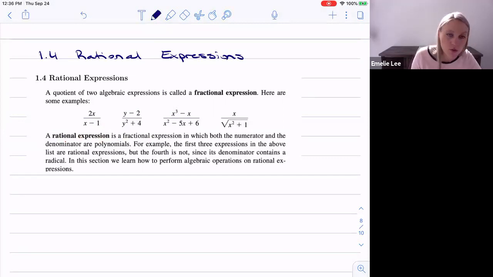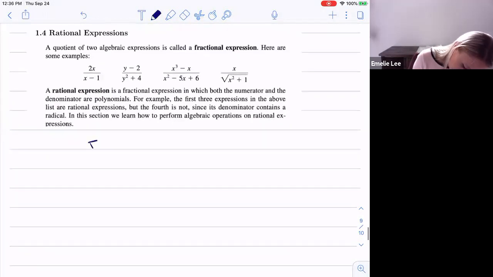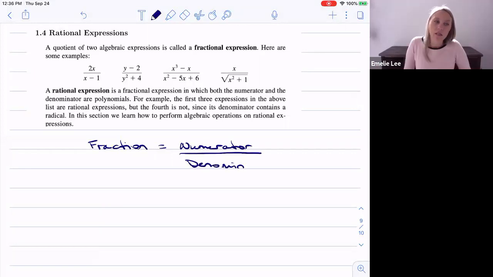Because we're going to be talking about fractions, I know I've emphasized it before, but a fraction is a numerator over a denominator. So we need to know that terminology, because otherwise it makes it really hard to explain. So a rational expression is a fraction where both the numerator and the denominator are polynomials.